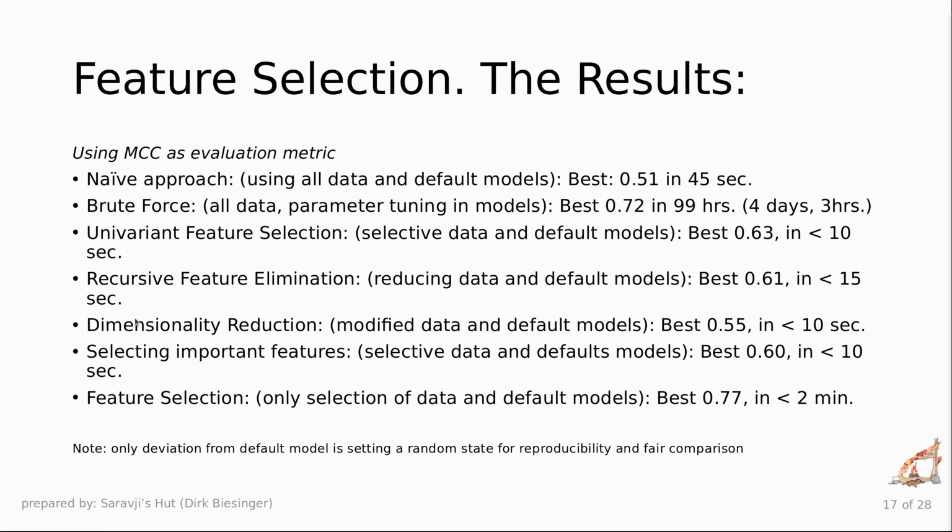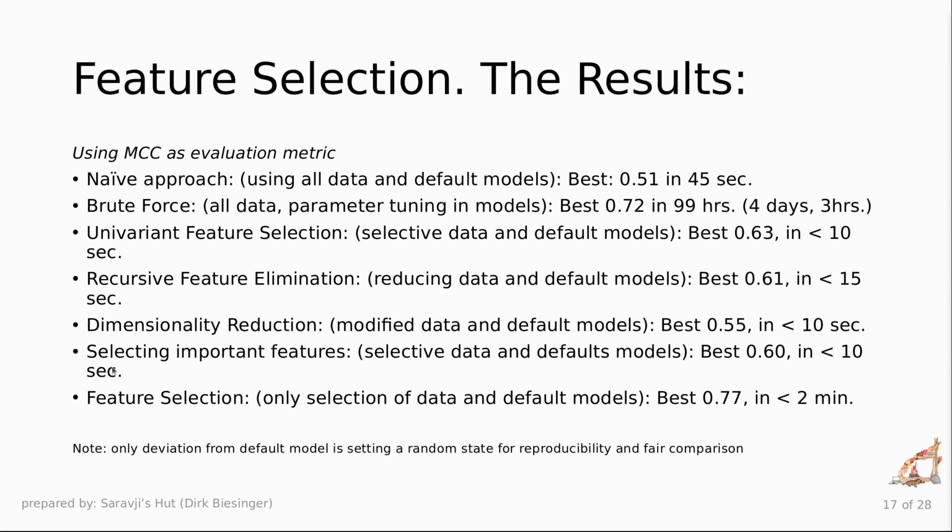Next experiment, we used dimensionality reduction. We modified the data, used default models, and ended up with an MCC of 0.55, and the runtime was also somewhere around 10 seconds or just shy of it.